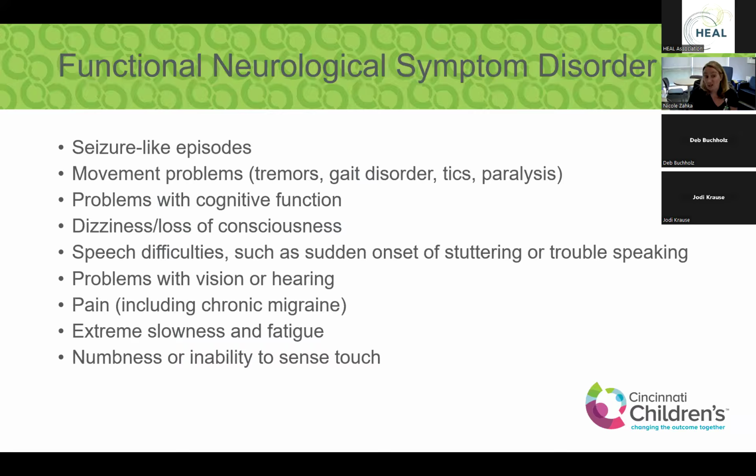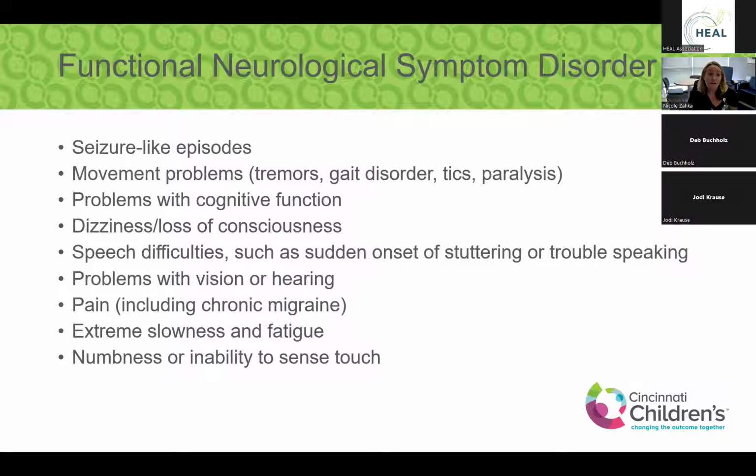They can look like seizures. They can look like movement problems, like shaking, paralysis, difficulty walking. We've seen a huge increase here in complicated motor tics in the last 4 or 5 years since 2020. Difficulties with thinking, so brain fog. Loss of educational skill, so people that all of a sudden can't read, can't recognize letters.